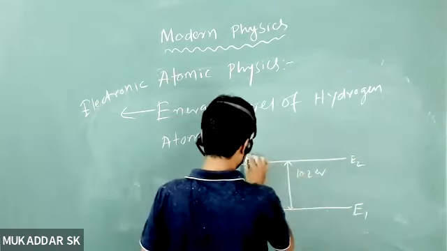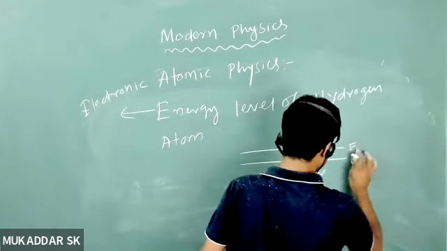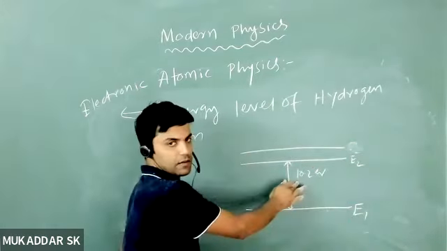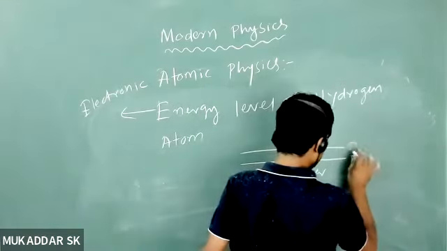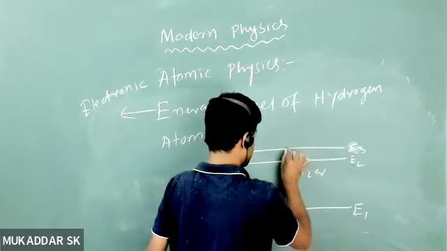Now for the third excited state, that gap will decrease, E3. If you make E2 minus E1, you will get this value 10.2 eV. Now if you do E3 minus E2, that will be less.